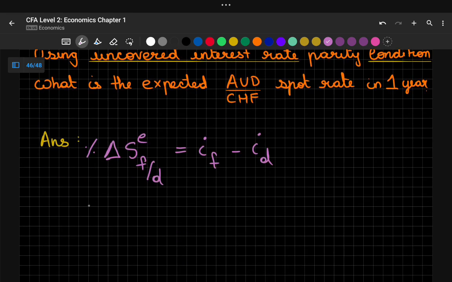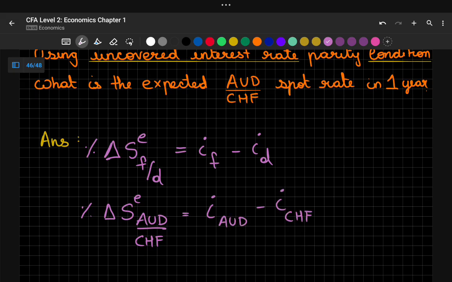So the percentage change in expected spot exchange rate AUD to CHF would be equal to interest rate of AUD minus interest rate of CHF.